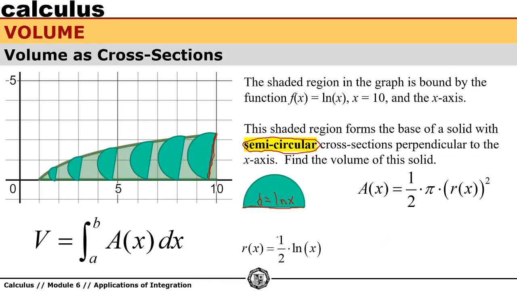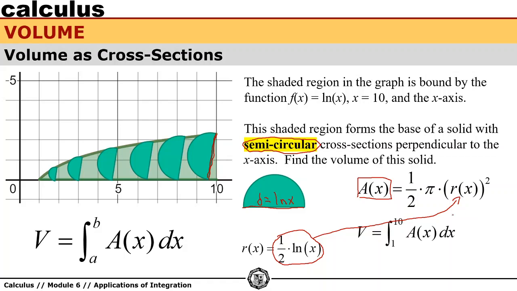Now, we define the radius function down here, so we're going to want to put that up here into the radius function. But if you're using your calculator and you defined r of x already, you don't need to redo that. What I would urge you to do on your calculator is now define a of x and just call it 1/2 times pi times r of x, the quantity squared. And when you do that, you're now set up to go get the volume.